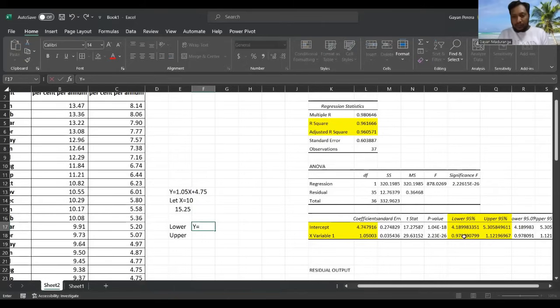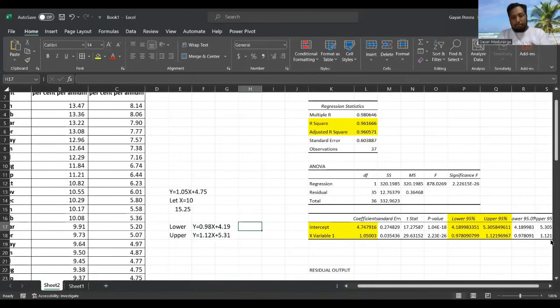Y equals 0.98x plus 4.19. And what is the upper one? Y equals 1.12x plus 5.31.